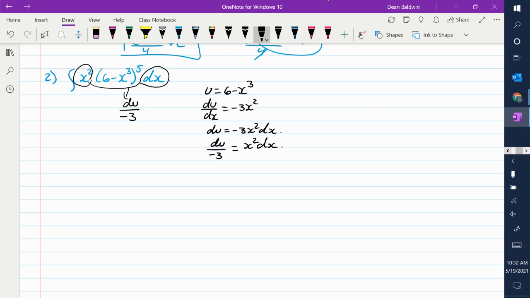We've already said that what's in here is u. So this whole integral now becomes u to the power of 5 du over -3.